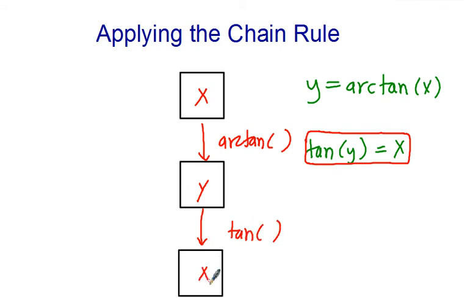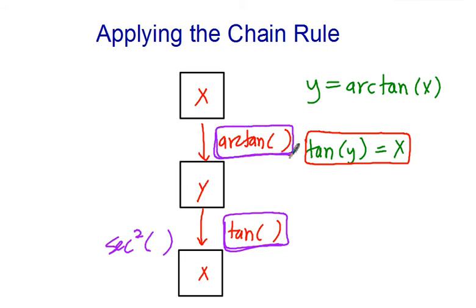So what do we know about derivatives? We know the formula for the derivative of tan of something is secant squared of that something. And the derivative of arctan, well, that's what we're trying to find.